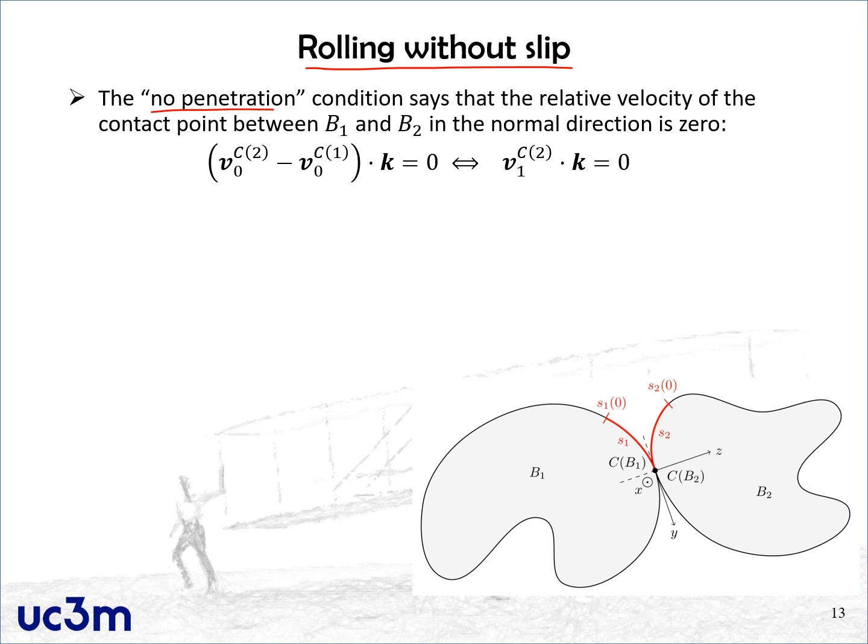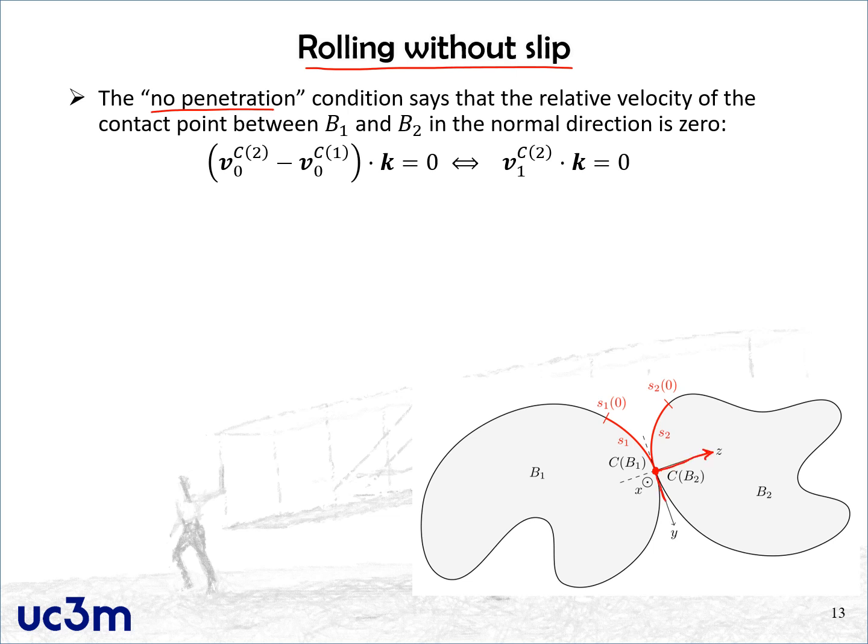In general, when we have two bodies, we have to consider that both of them can be moving, translating and rotating. So the condition of no penetration at the contact point C reads as you can see over here. Imagine that we have these two bodies on the bottom of the slide.